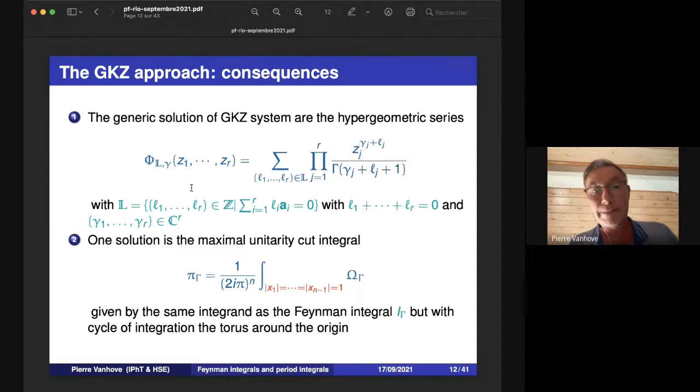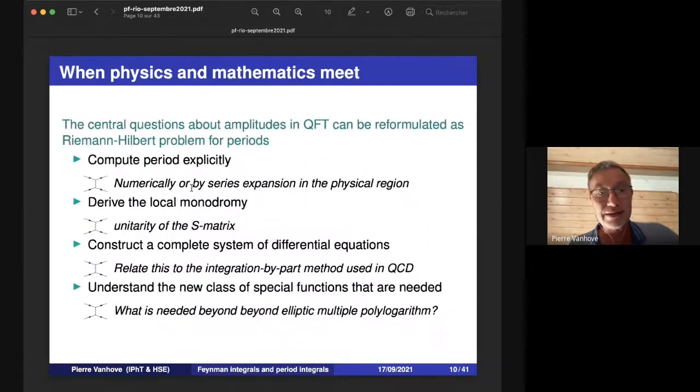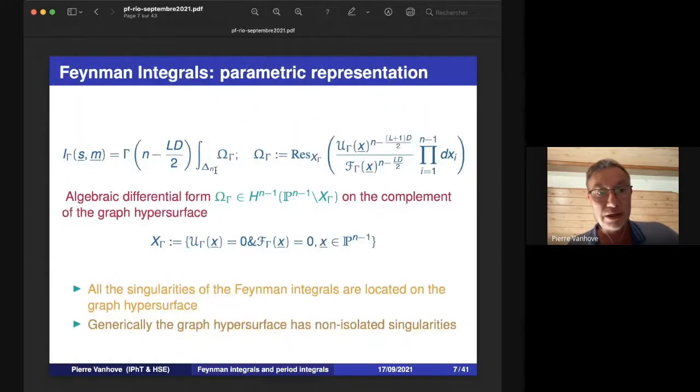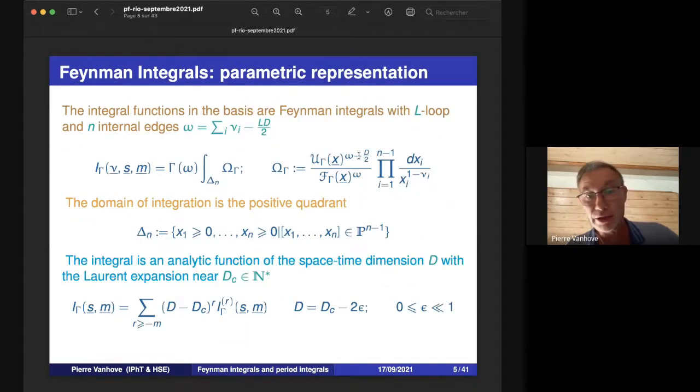So what's happening, and this is already something interesting, is that even if you take the generic integral, but you change the domain of integration, so instead of integrating over the positive quadrant, you decide to integrate over a torus, okay?